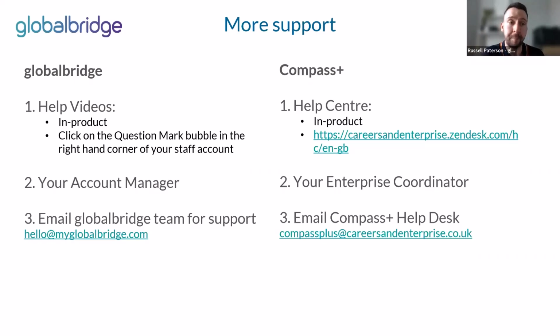Another source of support is your account manager. They're always there to support and help with anything that you might need, so they're always a good point of contact. And then there is also the option to email the Global Bridge team at hello@myglobalbridge.com, and they can get in touch and help you with anything that you might need.